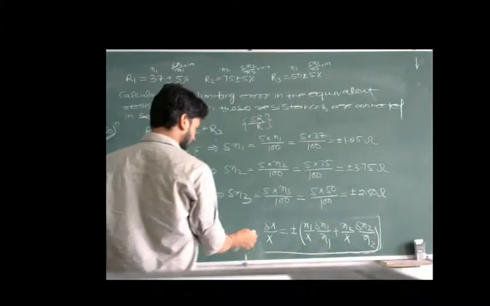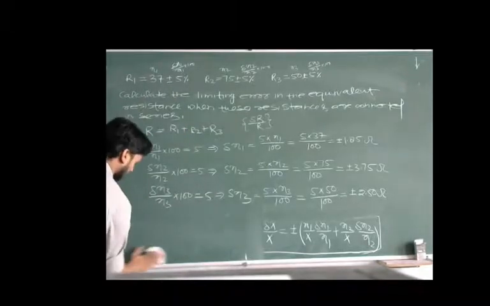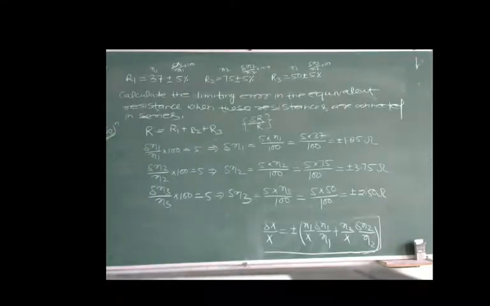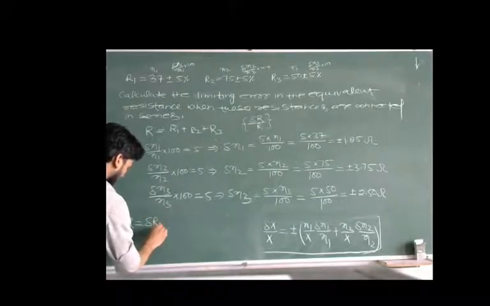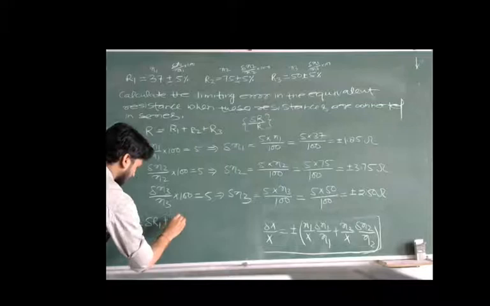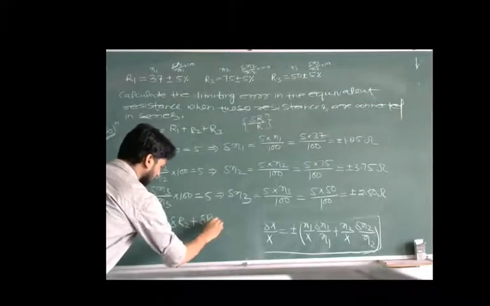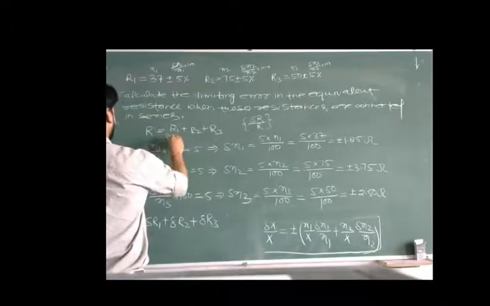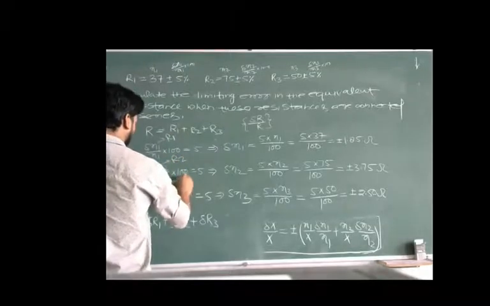So we can find the value of del capital R by adding all three together. Del R can be written as del R1 plus del R2 plus del R3. X1 is R1, X2 is R2 and X3 is R3.